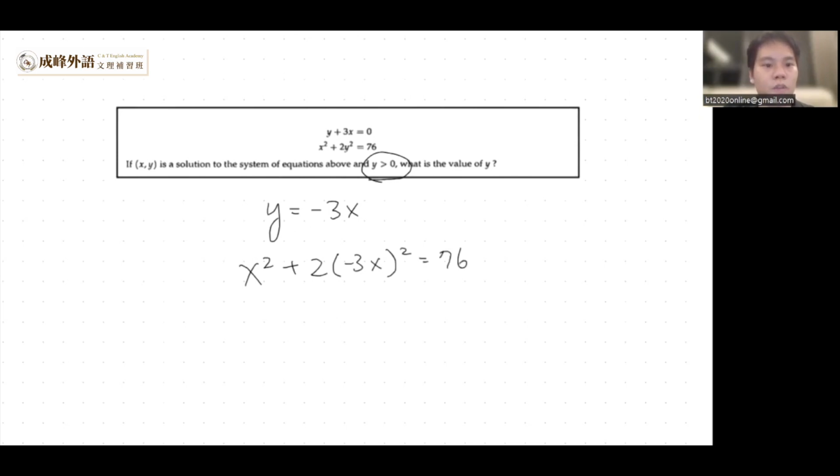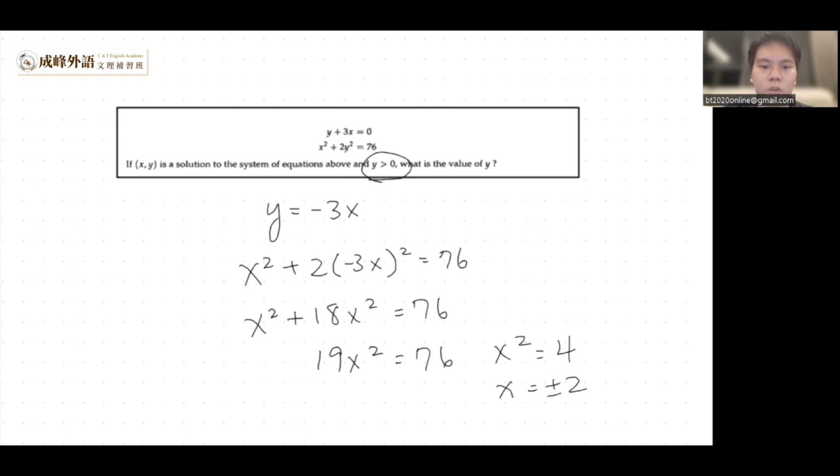Now it's in terms of x. And let's just simplify this. Do some mental math here. All right, I'm going to get x squared equals 4, which also means that x is plus or minus 2.